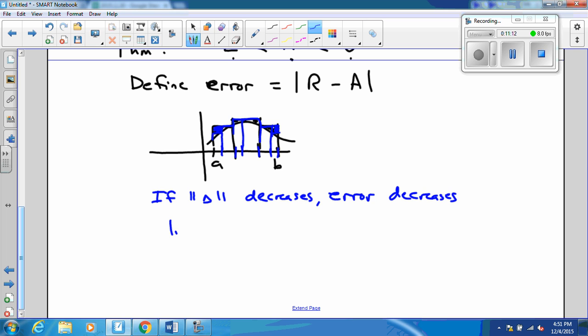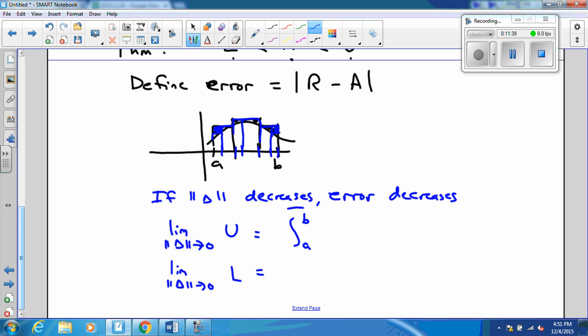So there you go. Here's what we're going to do. We're going to let the mesh size go to 0 in our upper sum, and we're going to let the mesh size go to 0 in our lower sum. Now, I didn't specify how yet that we're going to do that, and I'm just going to ask you to trust me that this makes sense.